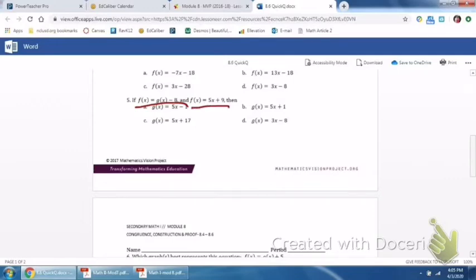So that means we have to take this f of x and plug it in for f of x there. And then the question is asking us for g of x. So once we plug this in here, we're going to have to add 8 to both sides to get g of x by itself. Then you'll be done.